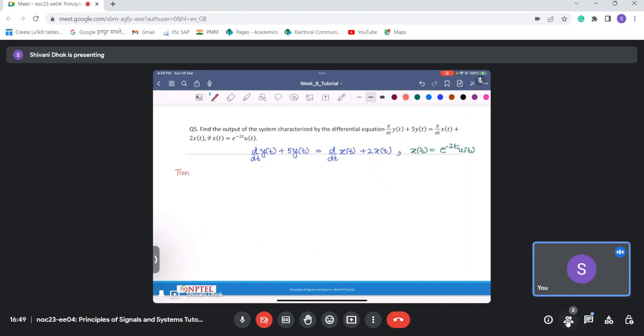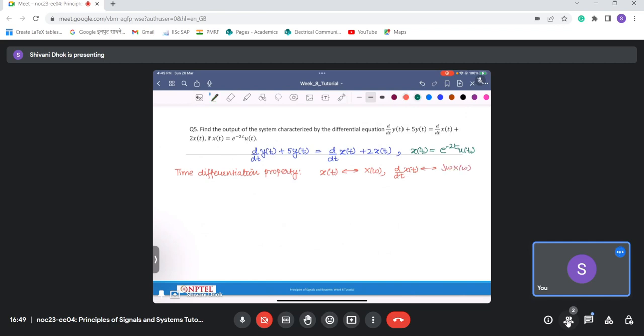By the time differentiation property, if I have a signal x t with Fourier transform x of omega, then d dt of x t will have Fourier transform of j omega x of omega.